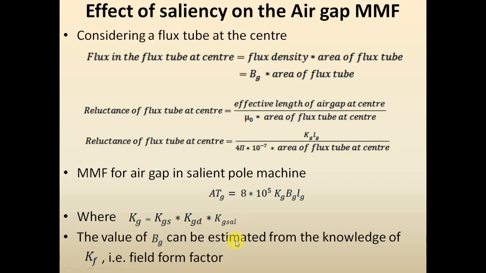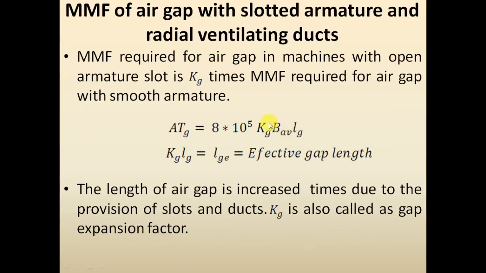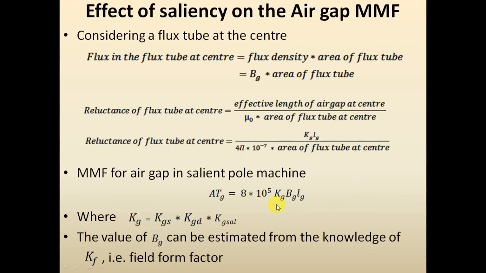You might feel that this relation for the MMF for air gap in salient pole machine is the same as that of the MMF for air gap which we have studied before, but it's not. In that relation, the term was B average, whereas in this case the term is not B average, it is Bg.